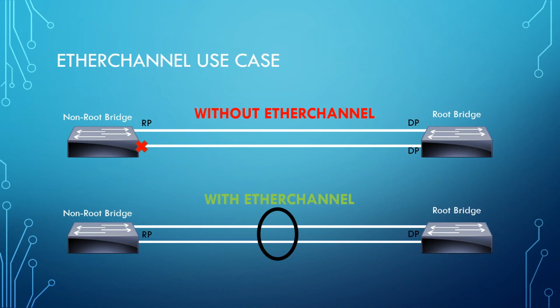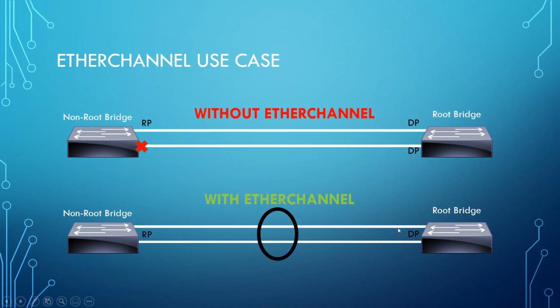Now, this is where EtherChannel comes in to save the day. So what EtherChannel allows us to do, imagine these two links here. We take those two links, we bundle them together, we put them into the same EtherChannel. Now, because they're part of the same EtherChannel, the switches now view them as one logical link. It views them as being part of the EtherChannel.